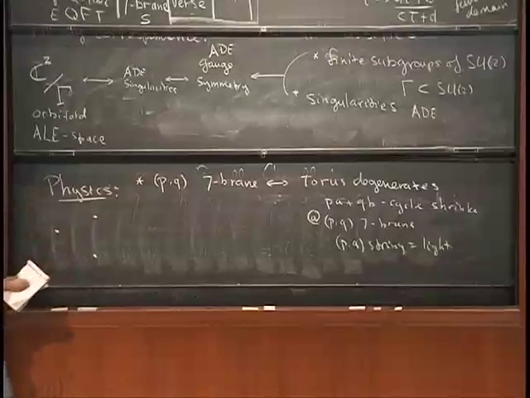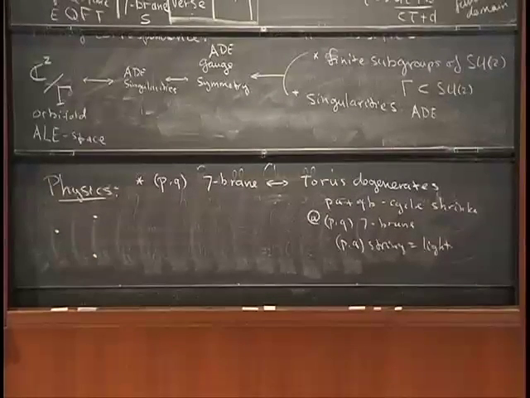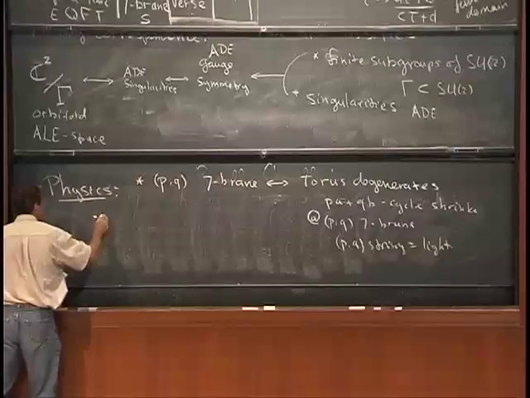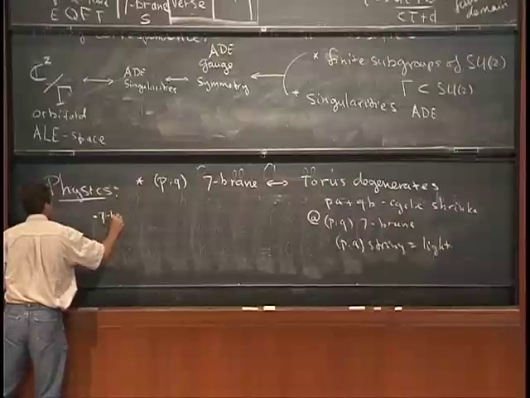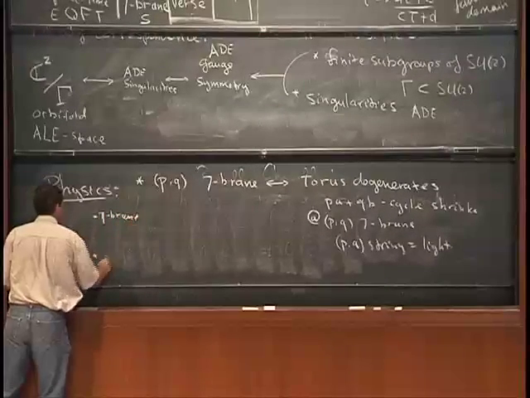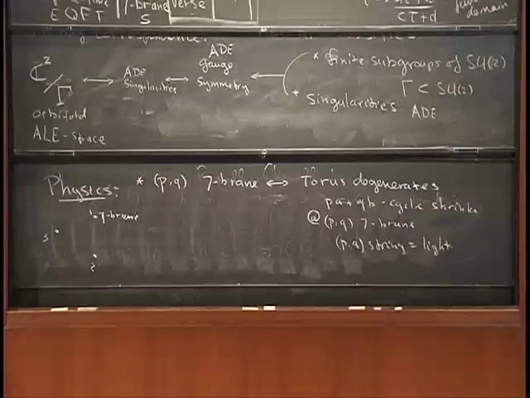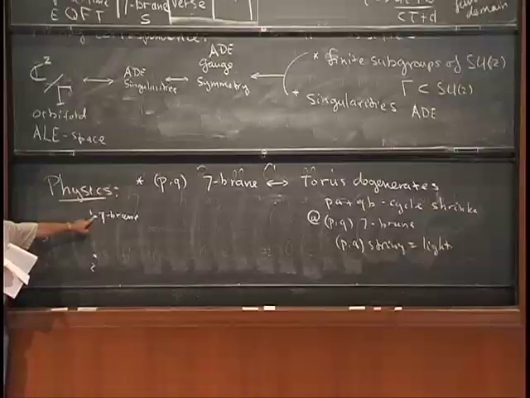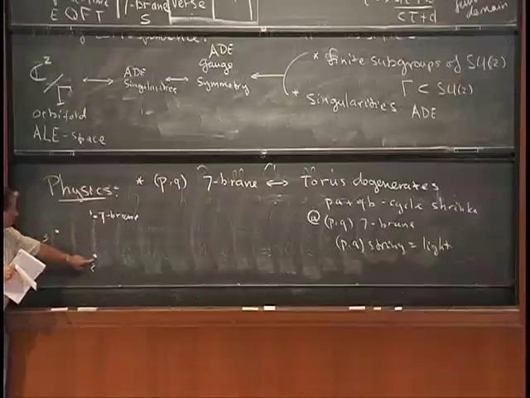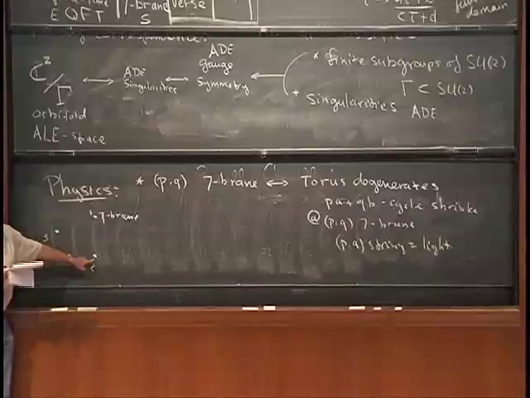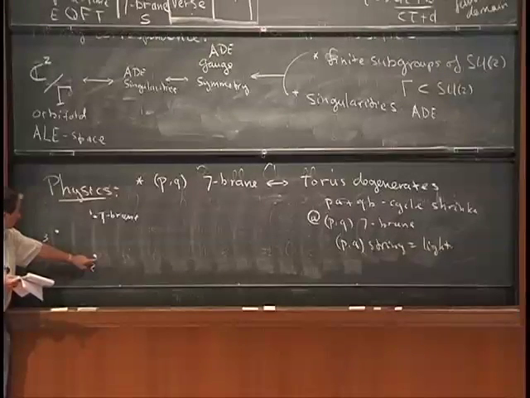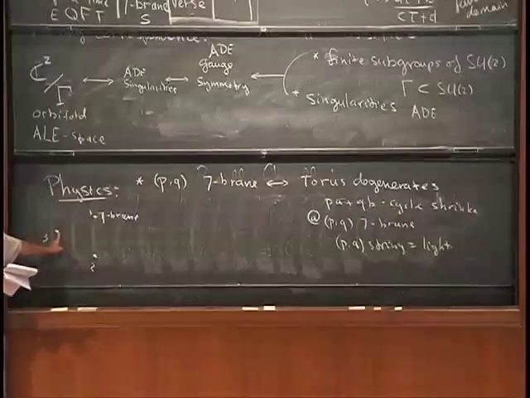If I now take 3 branes, and someone was already anticipating this, so I take 1 7-brane here, another one here, and another one there. Then you can have a P, Q string becoming light here, another P, Q with a different P and Q becoming light here, and a third one here.